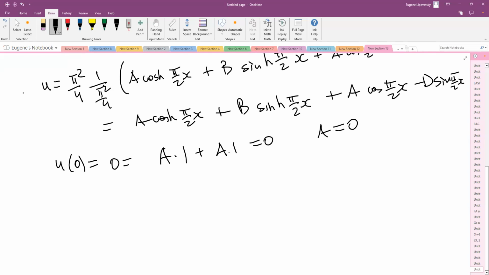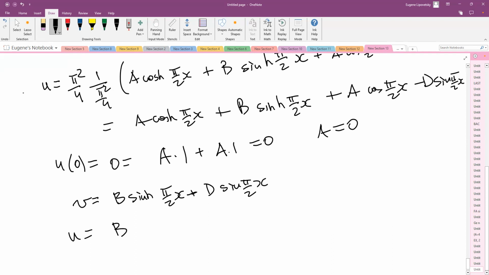And we have as a result that v equals b sinh of pi over 2x plus d sine of pi over 2x. And u equals, as we discussed, b sinh of pi over 2x minus d sine of pi over 2x.